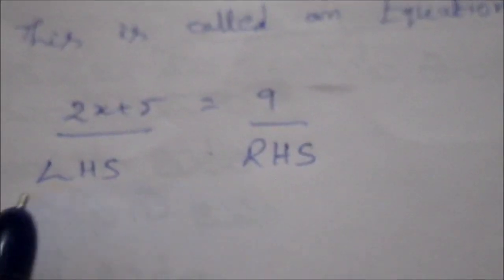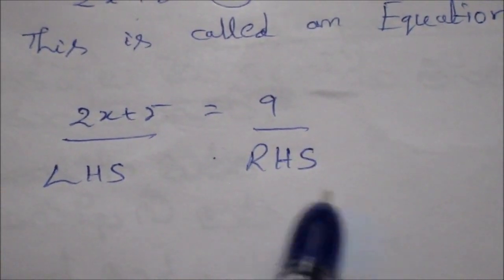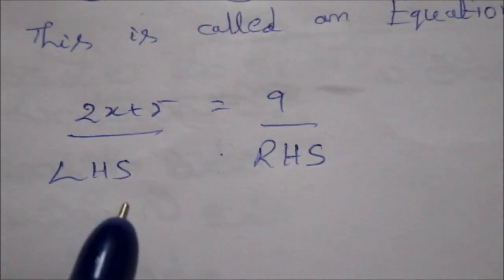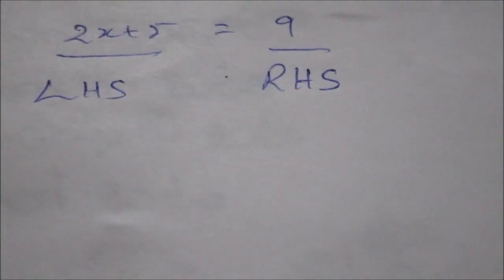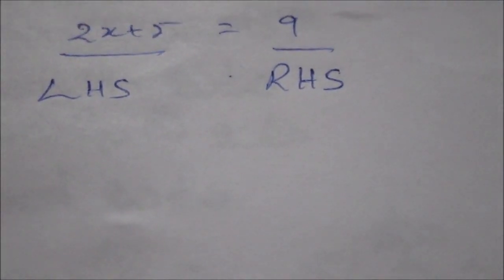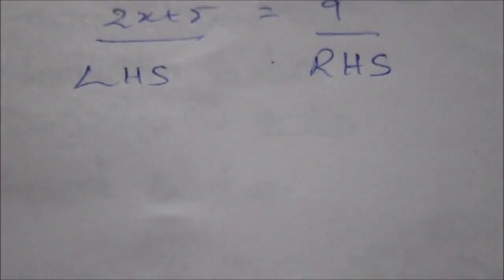And in an equation, values of LHS and RHS are always equal. The equality of this LHS and RHS happens to be true only for certain values of variable x.